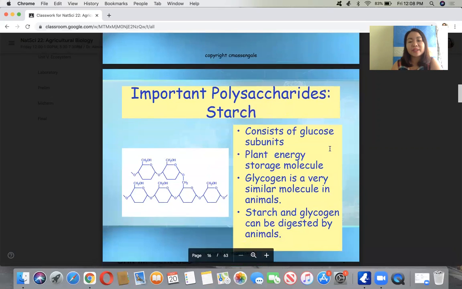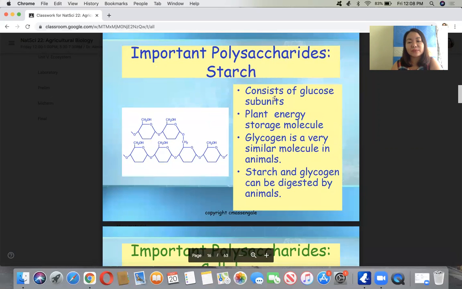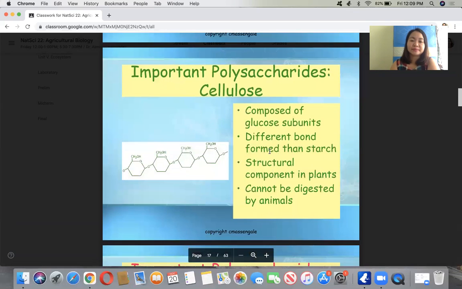The important polysaccharide starch consists of glucose subunits and is the plant energy storage molecule. Glycogen is a very similar molecule found in animals, and starch and glycogen can be digested by animals. Starch is found in plants while glycogen is found in animals.